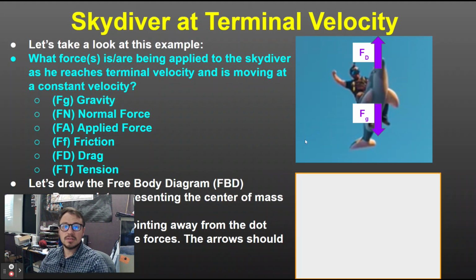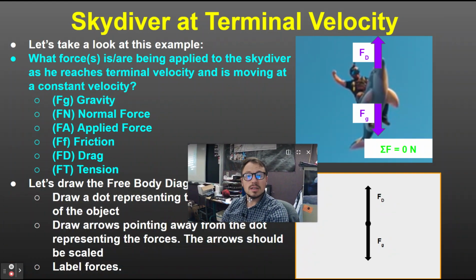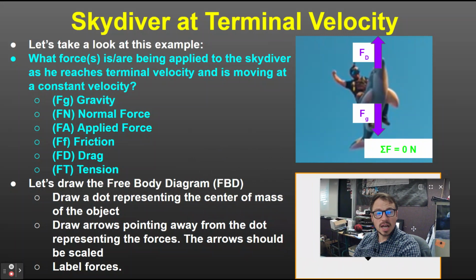Once you get going fast enough, you're going to have enough air resistance. Think about sticking your hand out the window. You're going to feel that air resistance. The net force is 0 newtons. This is what my free body diagram will look like. Yes, that skydiver is moving down really fast, but the forces are balanced, right? They're traveling at a constant velocity.